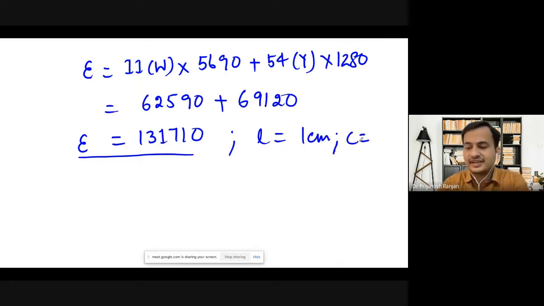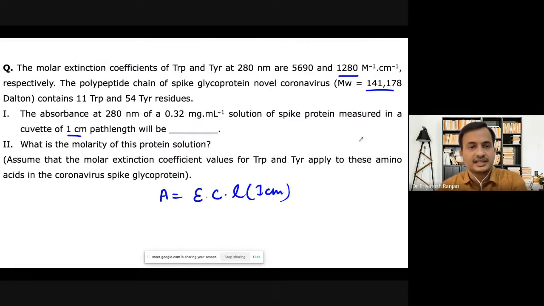Now what is given in the question? They have asked us to calculate the absorbance for a 0.32 mg per ml solution. To calculate its concentration in molar or moles per liter, I need to divide this value by its molecular weight. It's the simple molarity formula, gram moles of solute divided by volume of solution in liter.